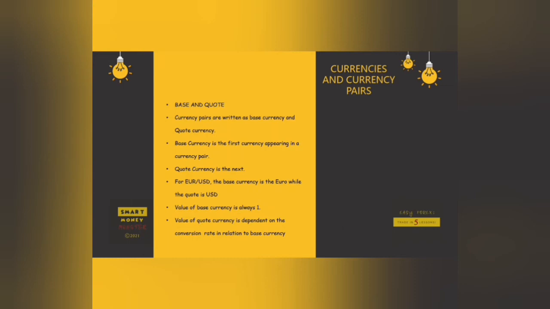So that means the price of $1 is equal to 500 naira. So my base currency is always one. Anytime you mention the base currency, it is always one. Then the quote currency will be quoted based on its exchange rate with the base currency. So in that dollar naira example, because $1 is equal to 500 naira, you are quoting the exchange rate of the naira based on the dollar. For the dollar, you will say one. The base currency is always one.